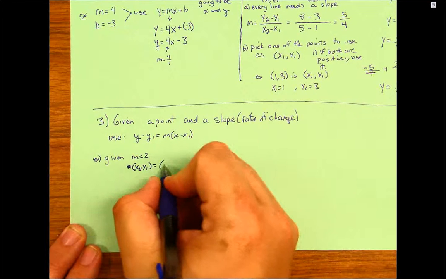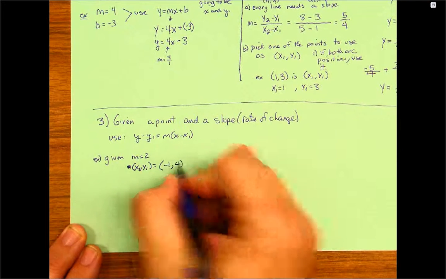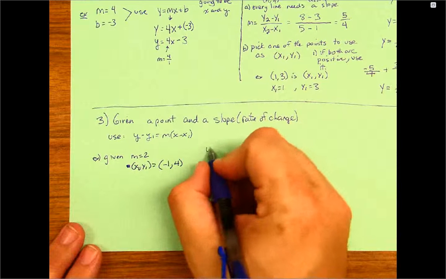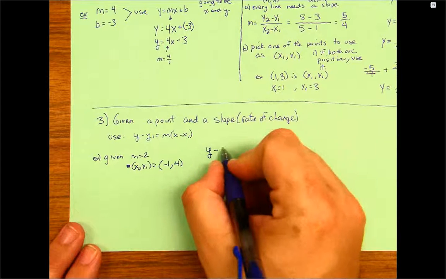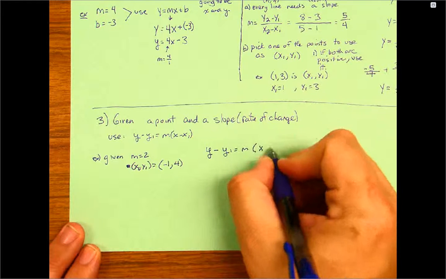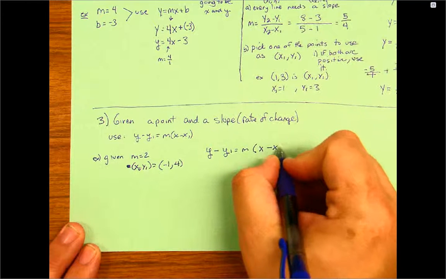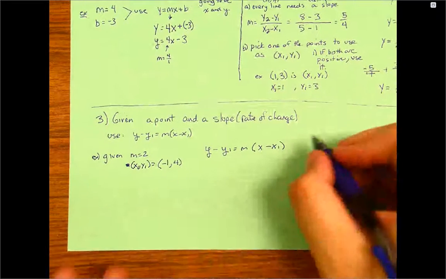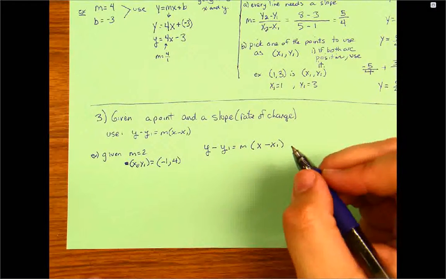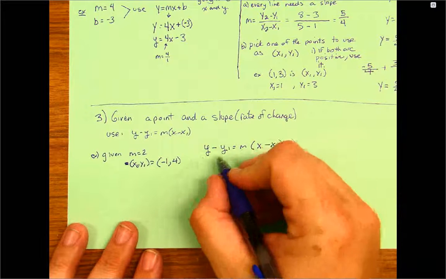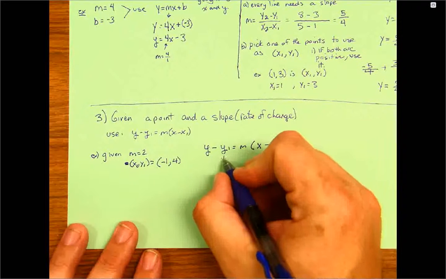Until you become experts in algebra, I would always say first thing you do is start with the formula. Then go ahead and substitute in your different values. The values that we substitute in are here. It's y sub 1, it's m, and it's x sub 1.